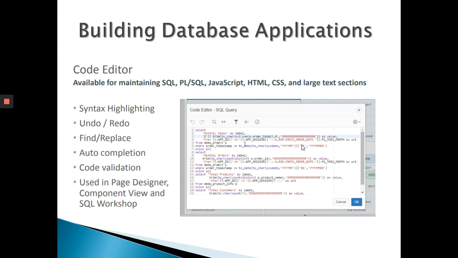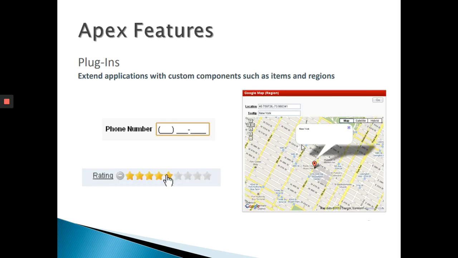This is a typical code editor where you are going to write the PL/SQL code, or you can include JavaScript, HTML, CSS, and other web technologies. Some of the out-of-the-box features are plugins. You can use plugins in Oracle Apex. If your requirement is very unique and not directly available in Oracle Apex, you can install a plugin in your application.